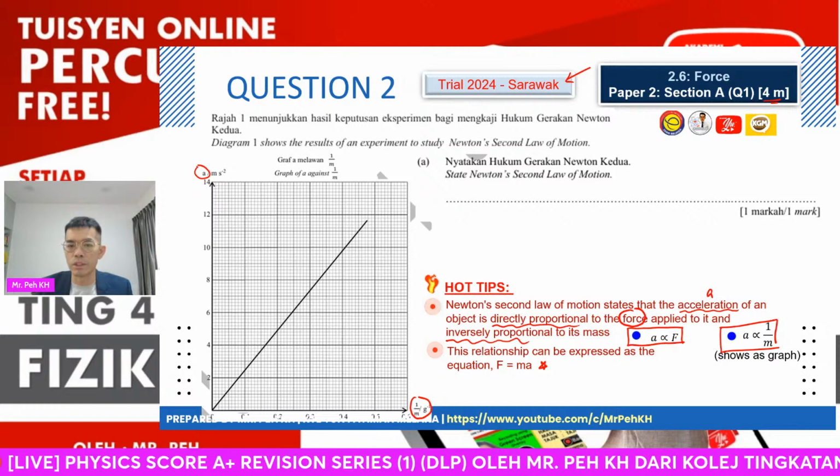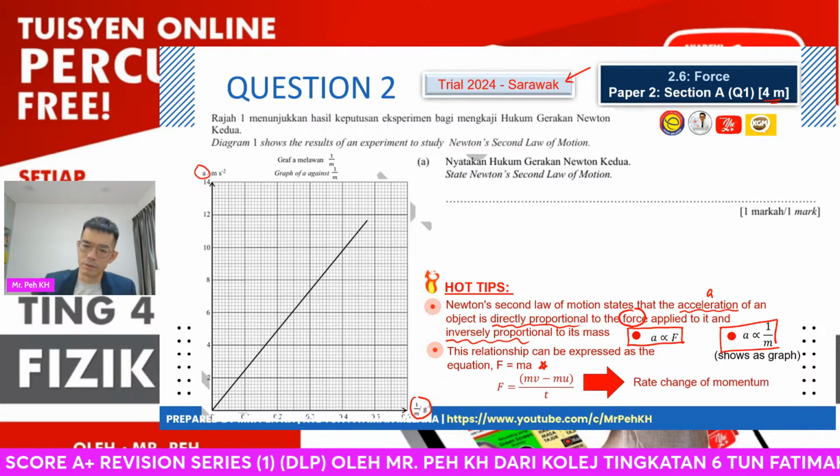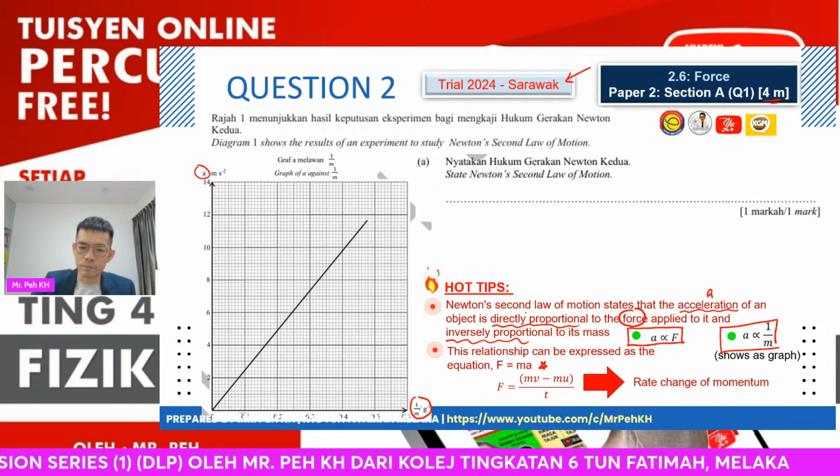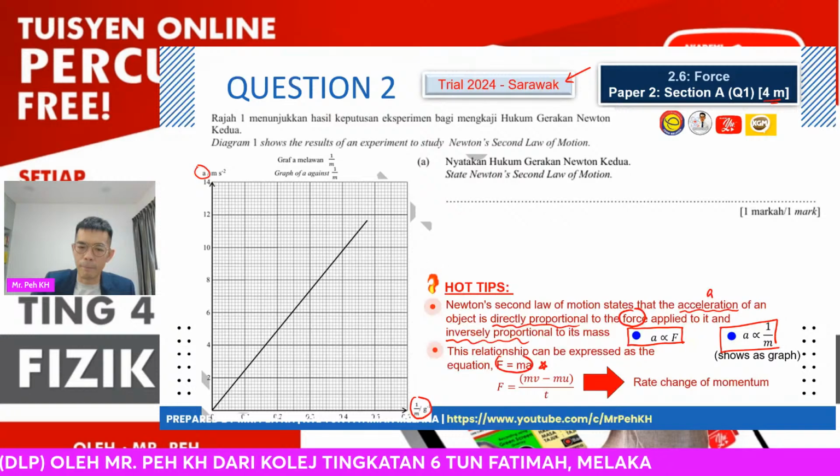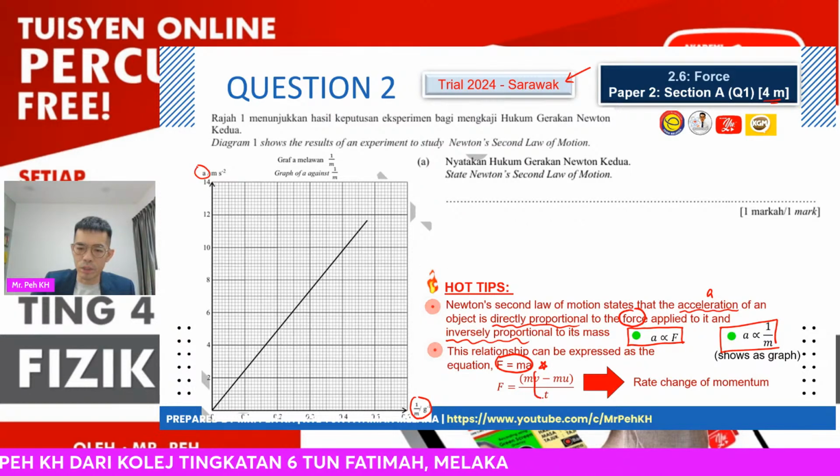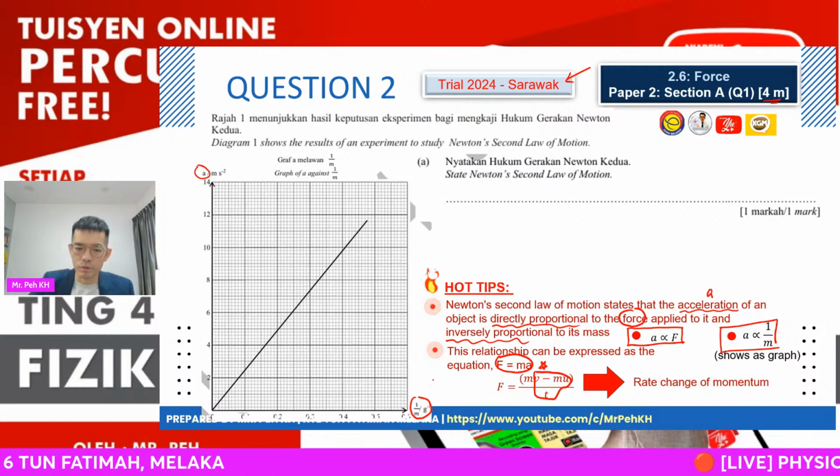Okay, so for the definition, you can rearrange this formula, where a is equivalent to (v minus u) over t.